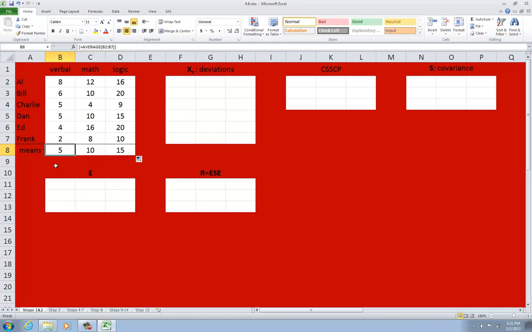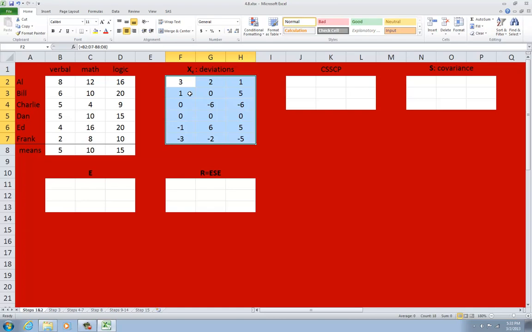Then next we need the matrix of deviations away from these means, which I have labeled X sub C. So this is going to equal our data matrix minus our means matrix. And don't forget to hit Control-Shift Return. Now the subscript on here, C, for the deviation score data stands for centered. And we learned how to do this, get this deviations matrix in video 3.2.